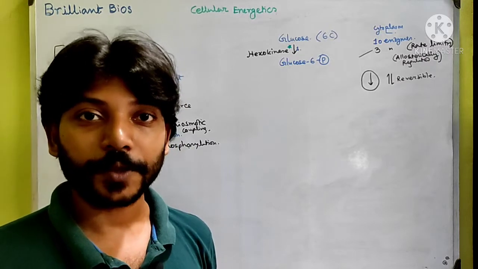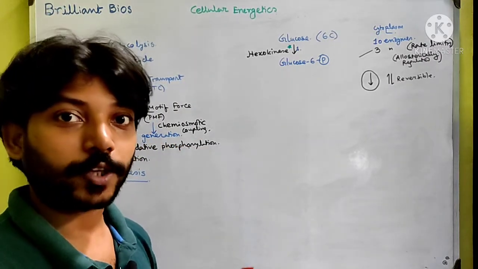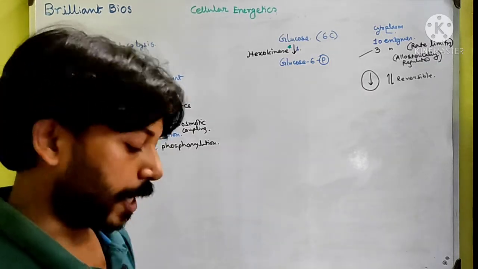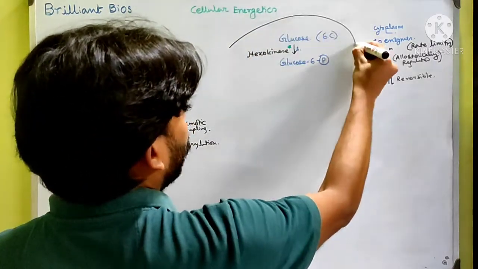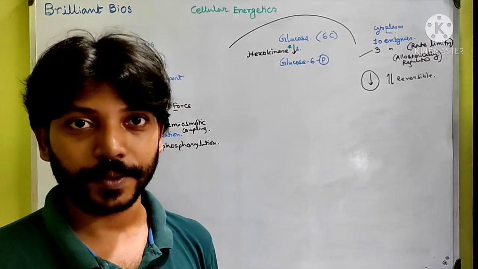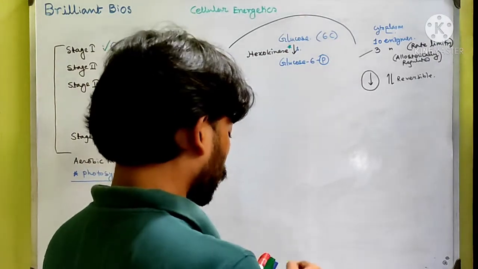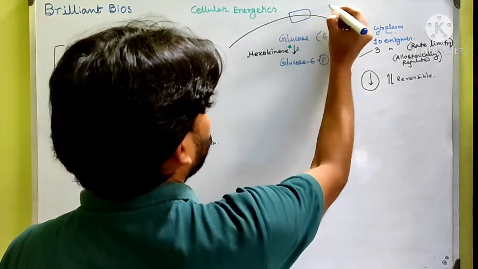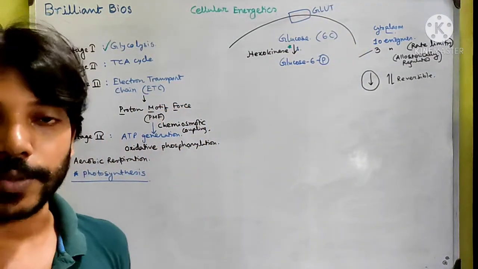Why is the first step of glycolysis so important for the whole glycolysis process? The reason is, suppose this is a cell. So how does glucose enter inside a cell? The answer is there is a uniporter called GLUT, glucose transporter.